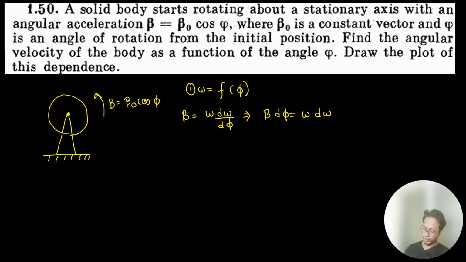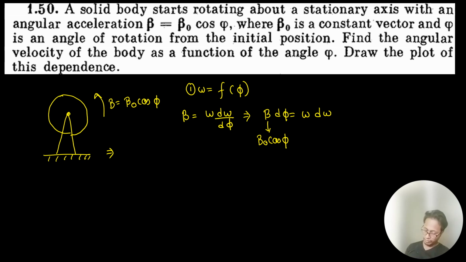What is the value of angular acceleration? The value of angular acceleration is nothing but beta naught cos phi. So if we substitute that here, beta naught cos phi into d phi is equal to omega d omega.